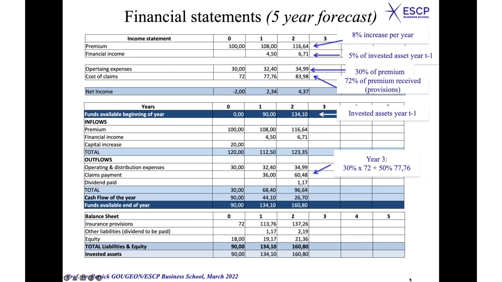We are in year two. So if you look at the claims payment, if you look at column 1, why do you have 36? Because in year one, after 1 year, we pay 50% of the losses of the claims.